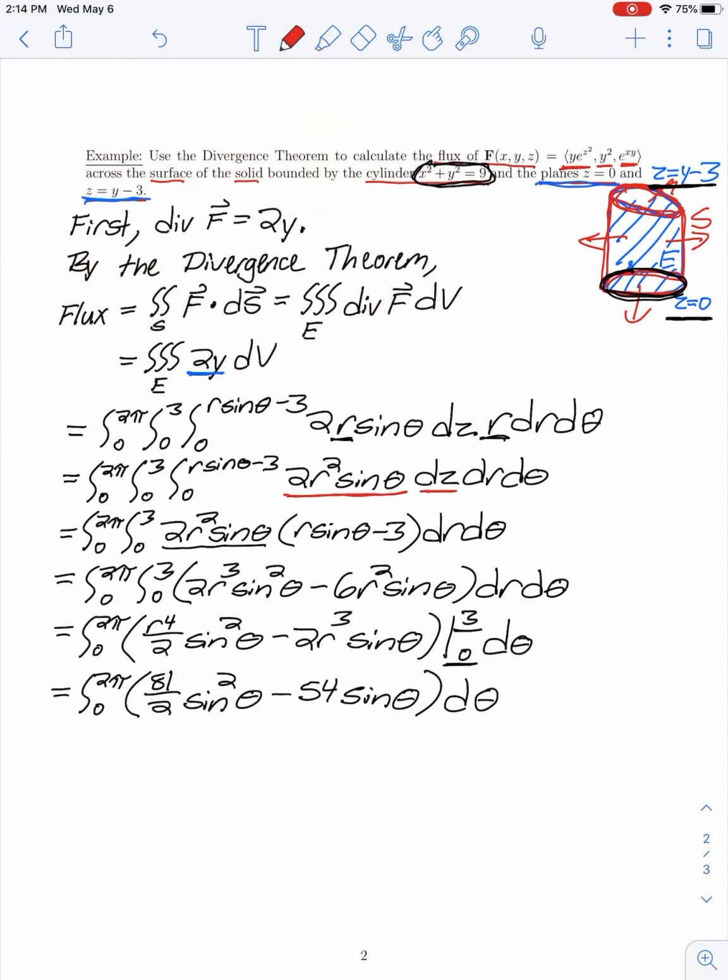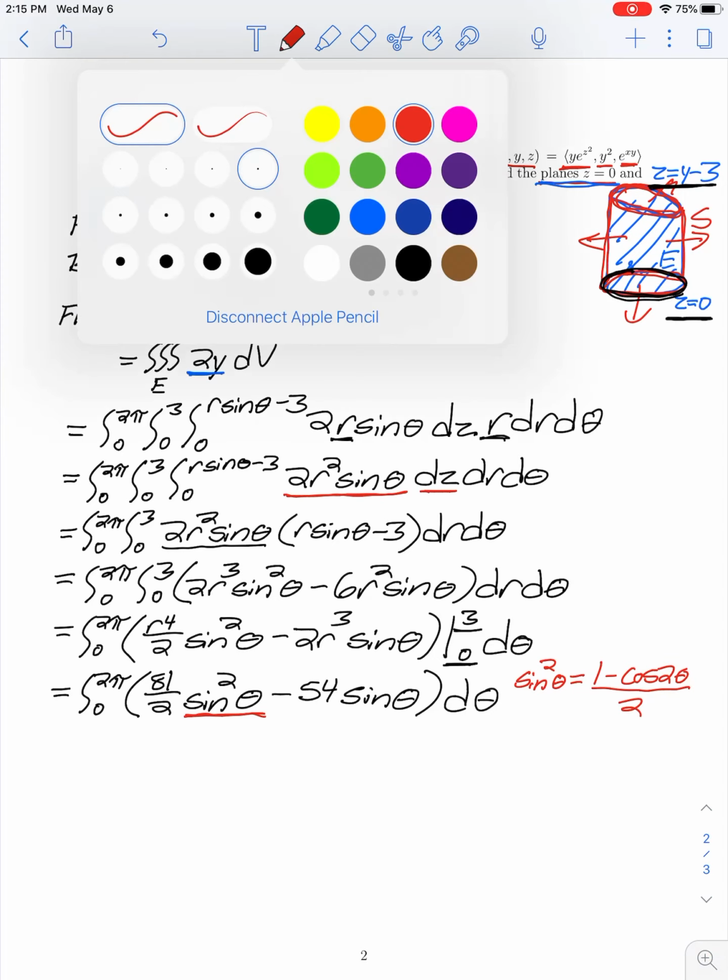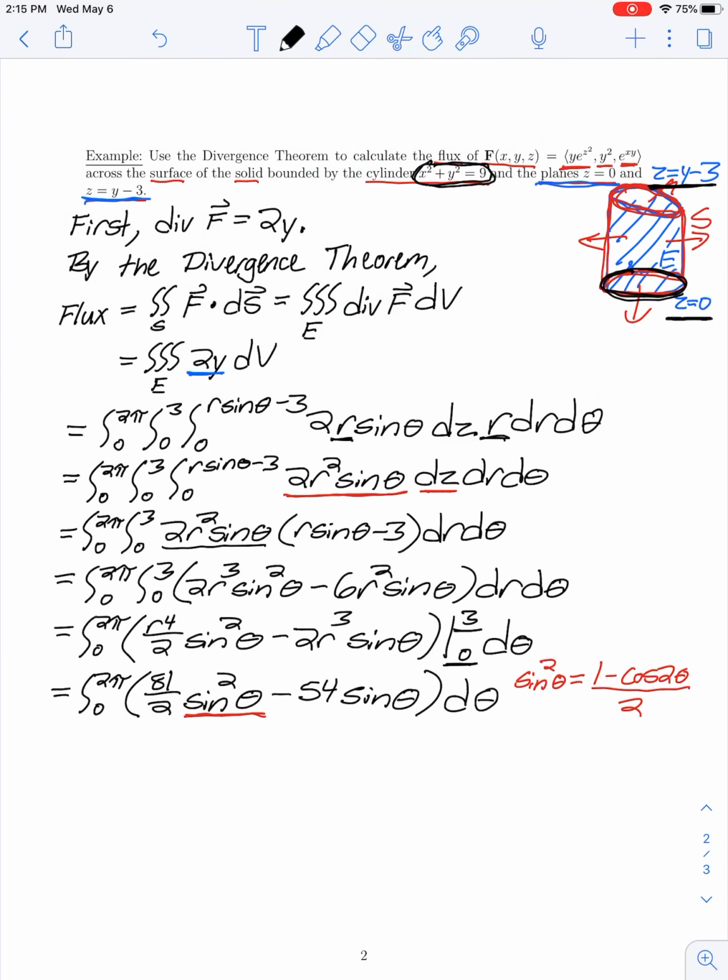So now to evaluate the antiderivative with respect to theta, this first term, sine squared of theta, we have to think of in terms of 1 minus cosine of 2 theta over 2. We're going to make use of our double angle identity.